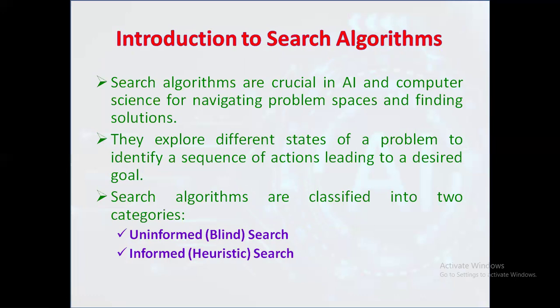Search algorithms are generally classified into, as I've said already, two types: uninformed search, which we call blind search, and informed search, which we call heuristic search. Uninformed search algorithms explore the search space without any knowledge of the goal beyond the problem definition, while informed search algorithms utilize heuristics to guide the search towards the most promising paths, improving efficiency and effectiveness.